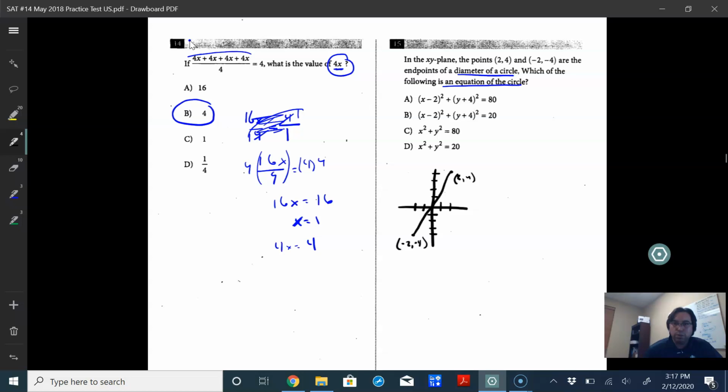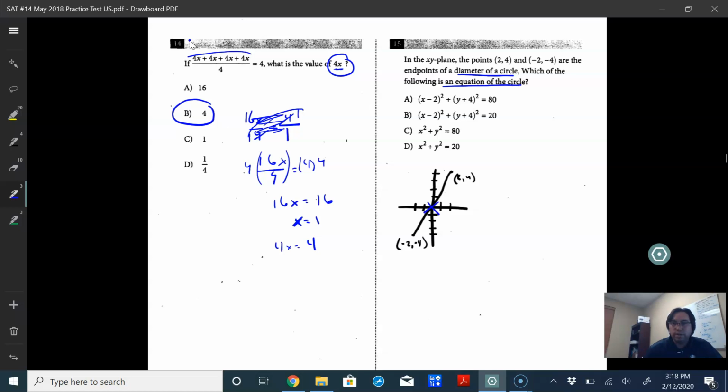We want to know the length of this diameter, and it's at an angle, so it's a little bit more challenging in some ways. But really, if you think about it, since they're reflective of each other, and they're equal distance in the x values, 2 and -2, and equal distance in the y values, 4 and -4, then our center should be right here at (0, 0).